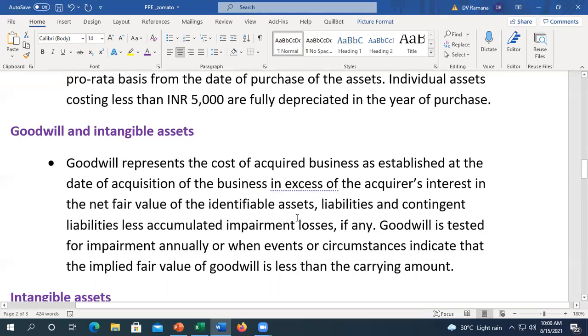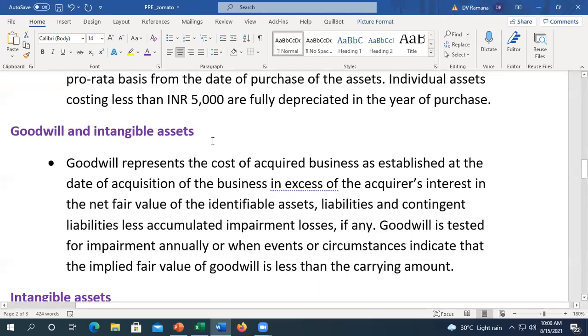This is a tricky discussion which we'll see when we go to acquisitions, mergers, and consolidations. When a company acquires, the money paid, if it is more than the fair value of the assets acquired, that excess money is treated as goodwill, an intangible asset.